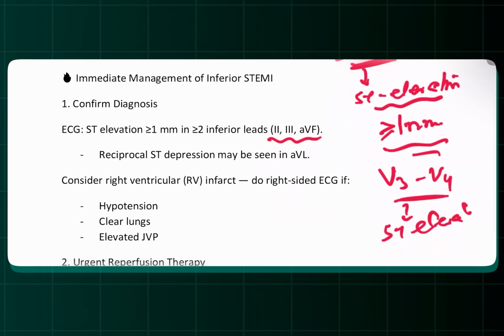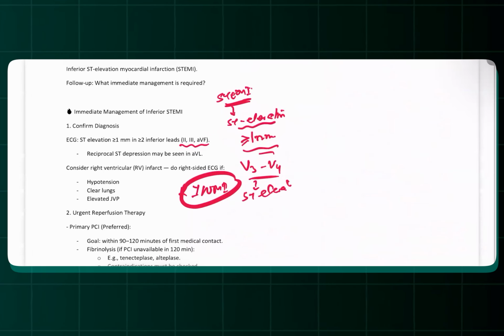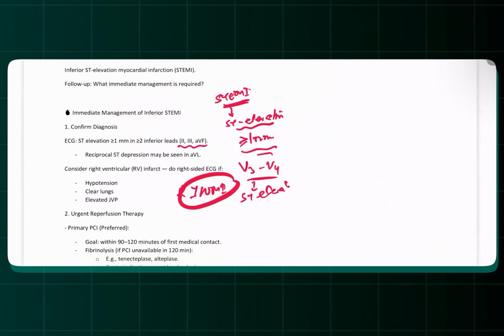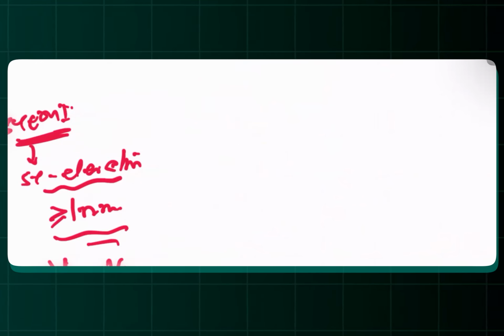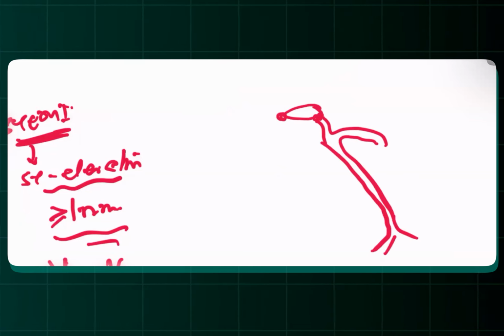Whenever we see RV or basically inferior wall MI, now if I have to draw the coronary circulation here, this is the coronary cusps, this is the left main, this is the circumflex, this is the LAD, and this is the diagonal.